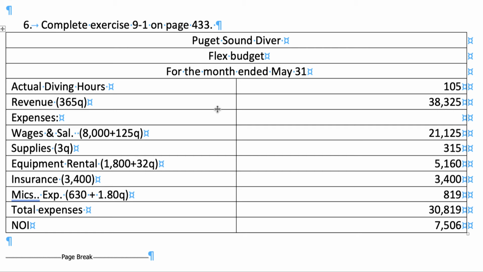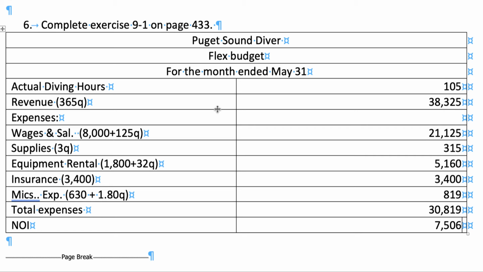The key takeaway from this is how to put together a flex budget. Number one, got to know that the flex budget involves the actual driver or the actual output, right? That's the 105 diving hours. Second thing you got to know is that you're going to get a cost equation.